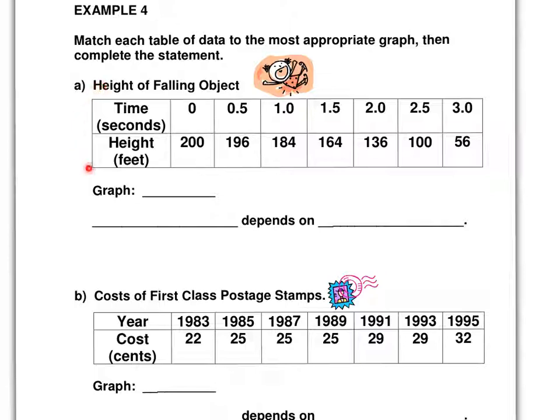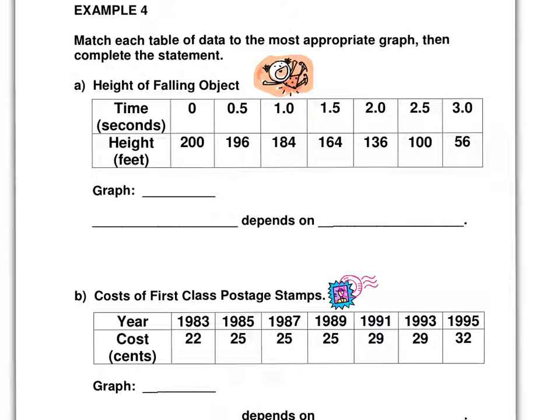So copy this down, the height of a falling object. So you have time at 0, it's at 200 feet, at 0.5, 196 feet, at 1 second, it's 184, 1.5, 164, 2, 136, 2.5 is 100, and 3 is 56.